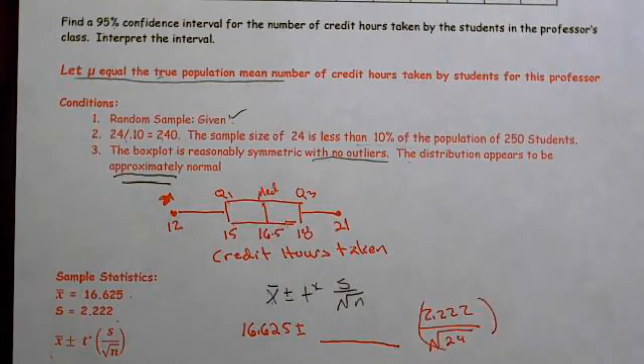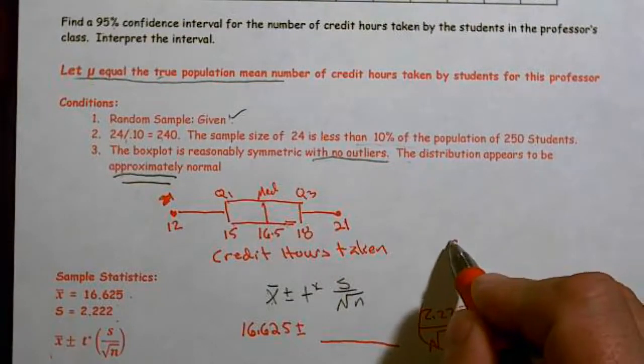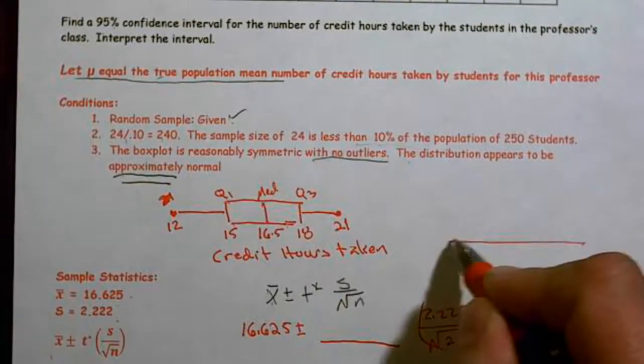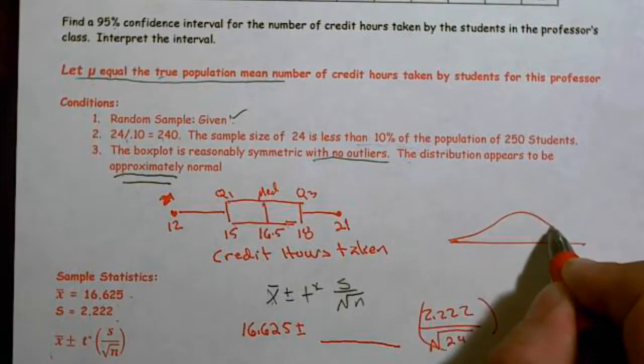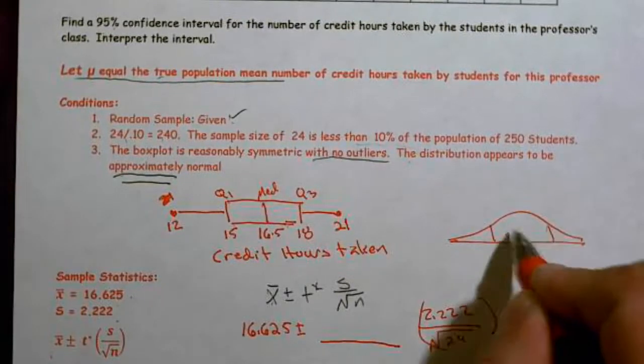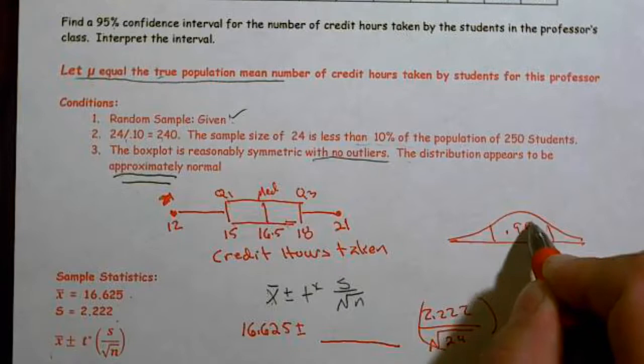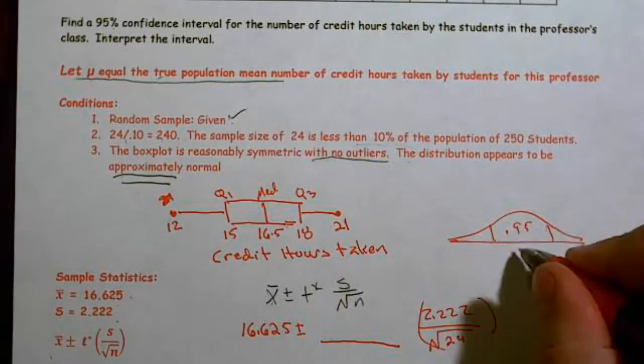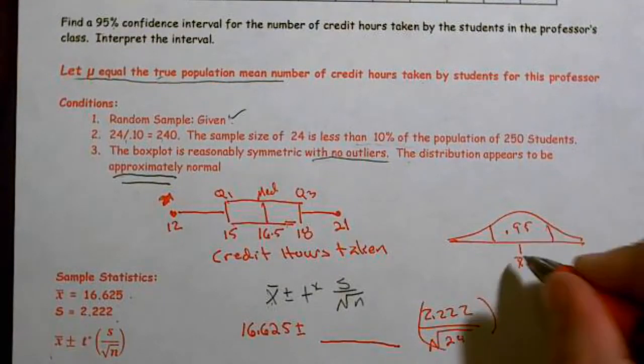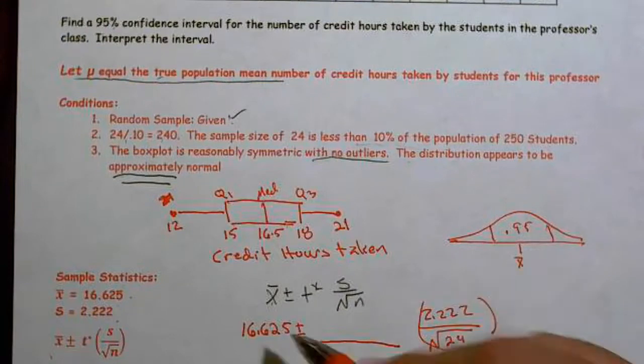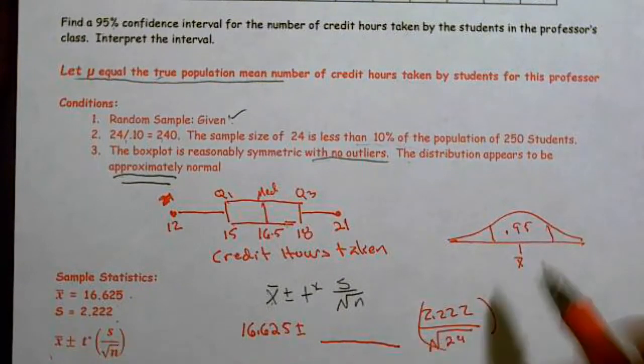Now I need to go calculate t star. Well, we wanted to calculate a 95% confidence interval. So this is 0.95, because we're always going to be centered about our x bar. And remember, our x bar is our best estimate for the population mean.